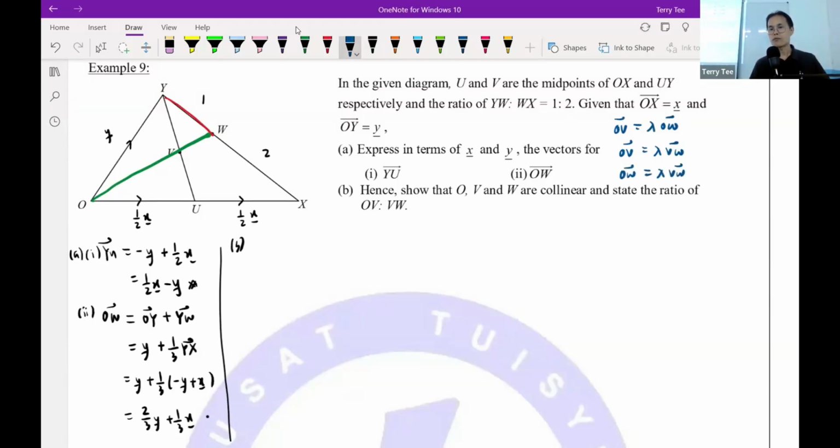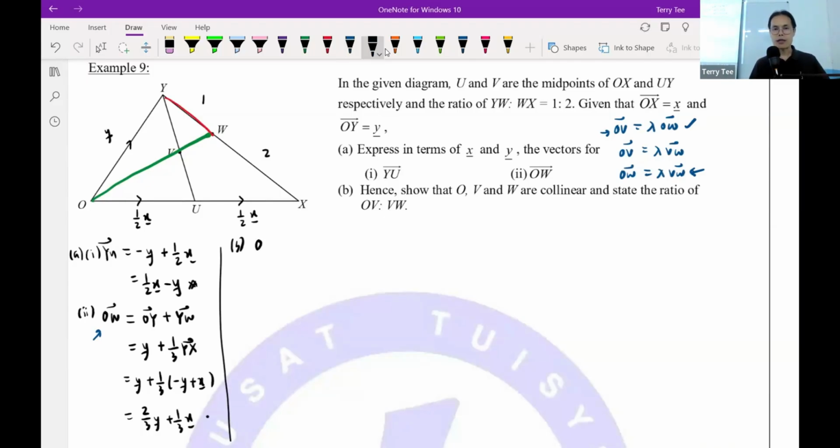Up to you, whichever. For me, I look at what I'm given and what I'm finding. So I already have OW, so might as well use OW. I just have to either find OV or find VW. So maybe I find OV. I think no need to crack your head, just use the first one, the easiest, I would say.